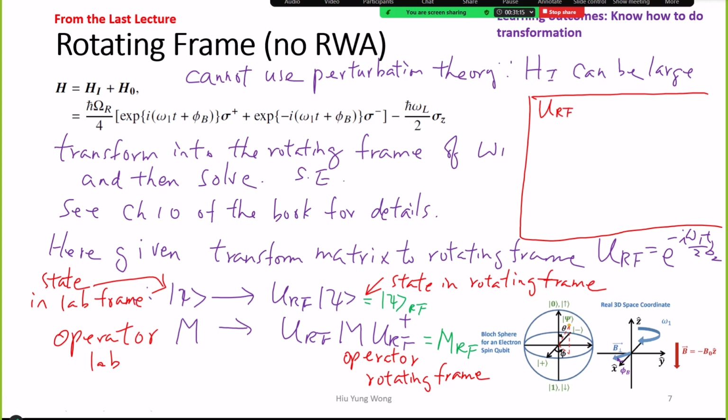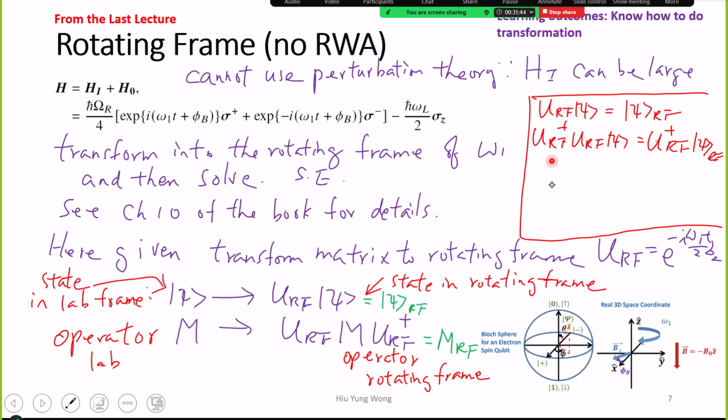U_RF psi equals psi_RF. I multiply this by U_RF dagger on both sides: U_RF dagger U_RF psi equals U_RF dagger psi_RF. Is this okay? What is this product? Identity. Why?